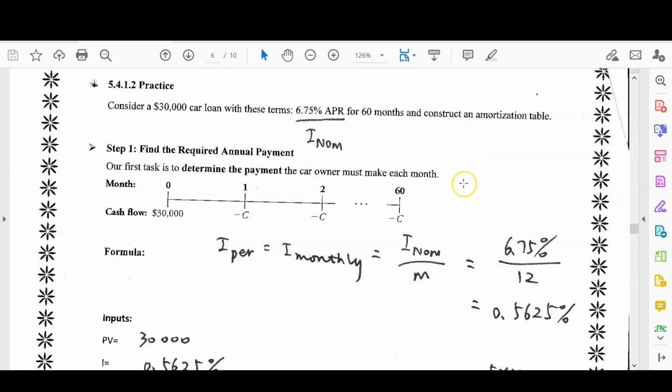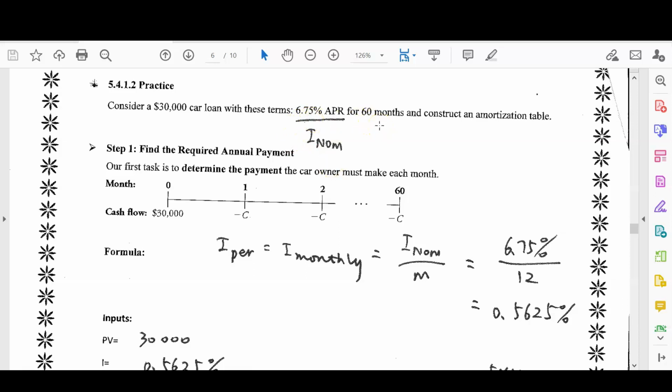All the solutions are also in these notes, but let me walk through the answers for this question with you. Okay, so again, step one. This question is a little bit more complicated than our first example of the amortization table because we have only the APR or nominal rate here as 6.75%.